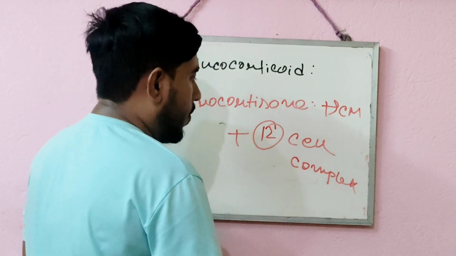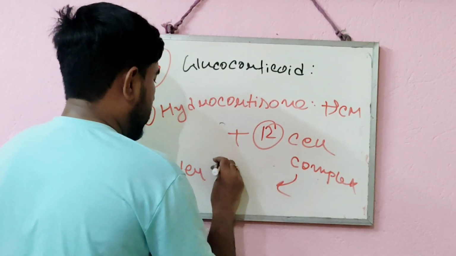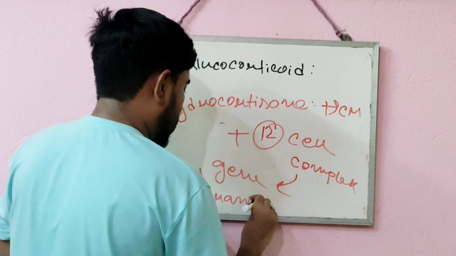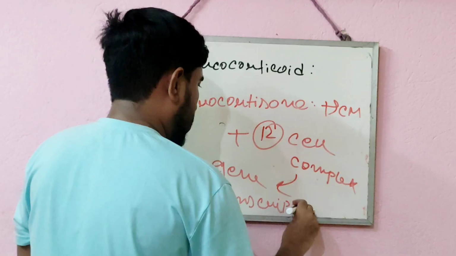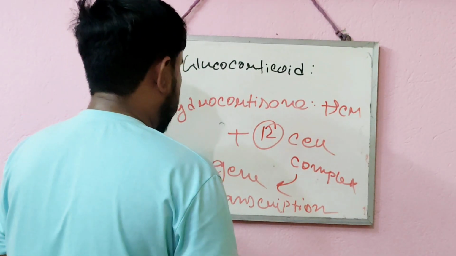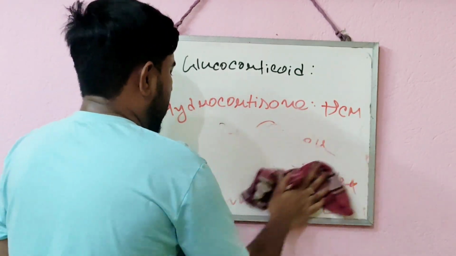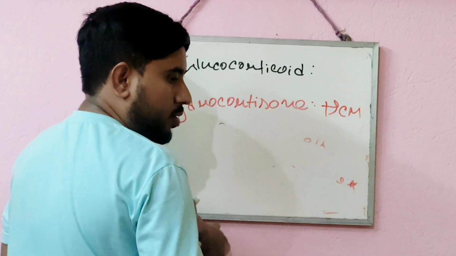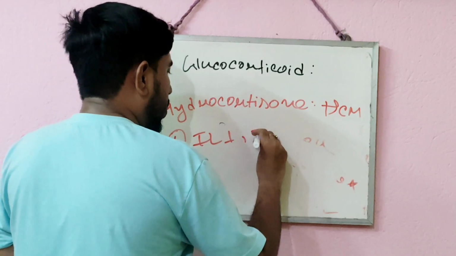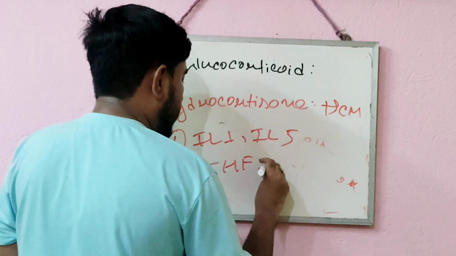Due to the formation of that complex, it leads to the alteration of gene transcription. So by binding with a receptor and forming the receptor complex, it alters the gene transcription, and due to that alteration it decreases the release of interleukin 5 and also TNF alpha.